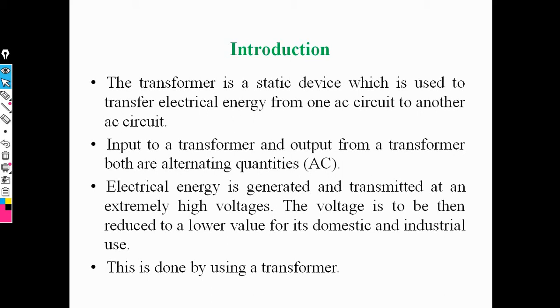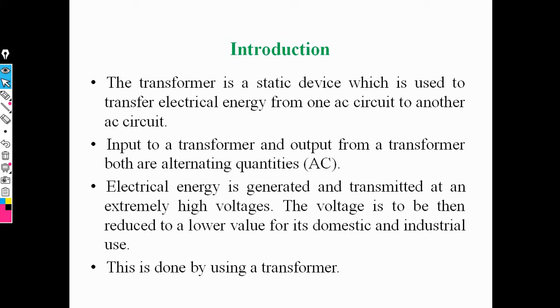In a transformer, voltage and current change without a change in frequency. That means in a single phase transformer or three phase transformer, frequency does not change, only voltage and current change. This concept is called single phase transformer and three phase transformer.